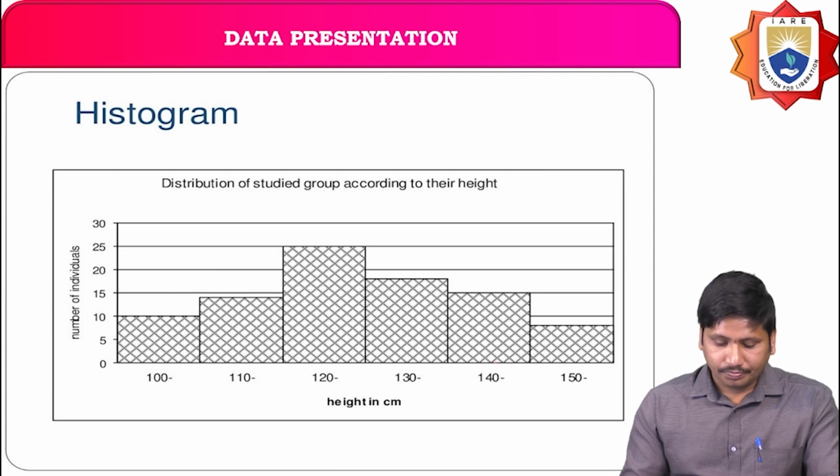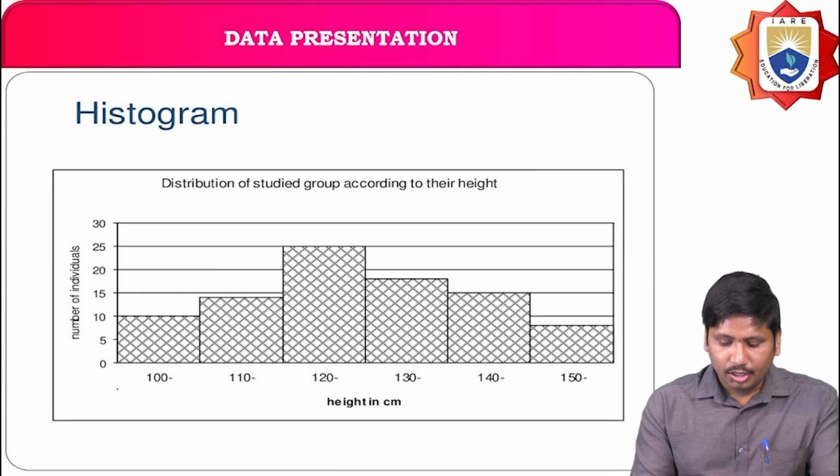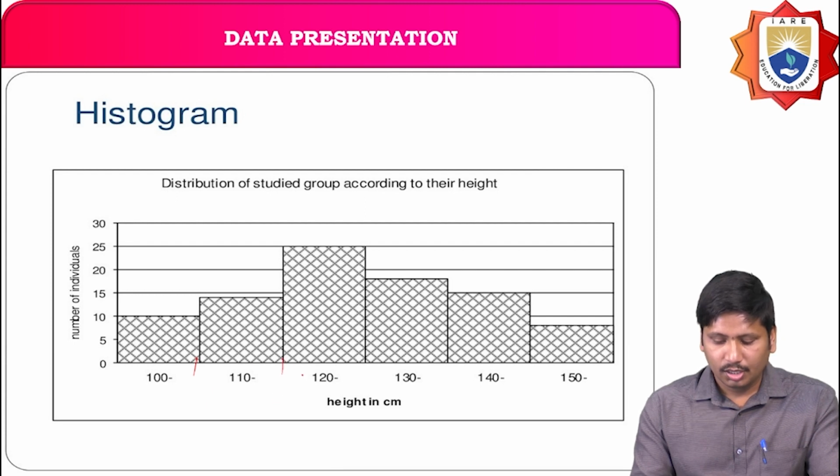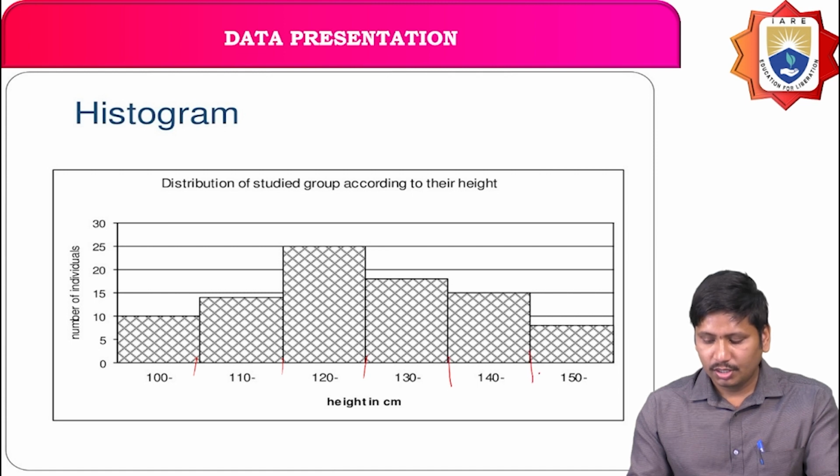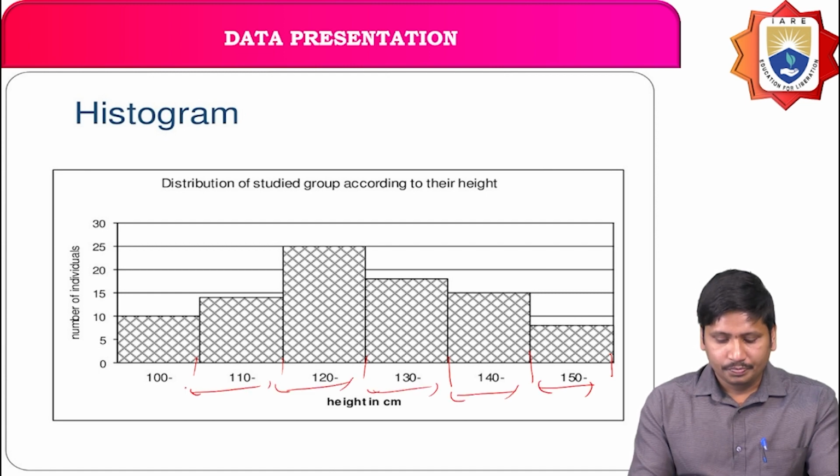See the example. So 0 to 100 is one frequency, 100 to 110 is a frequency, 110 to 120 is a frequency, 120 to 130 is one frequency, 130 to 140, and then 140 to 150 is one frequency. These will be the frequencies.